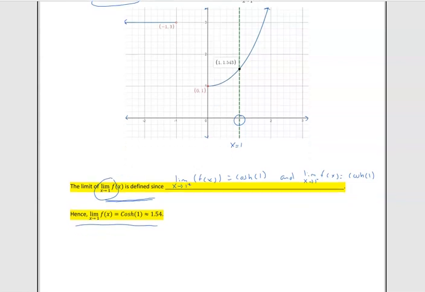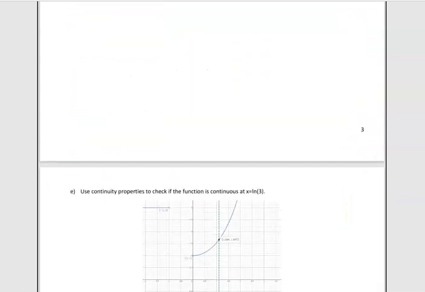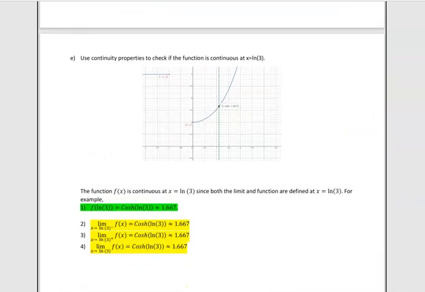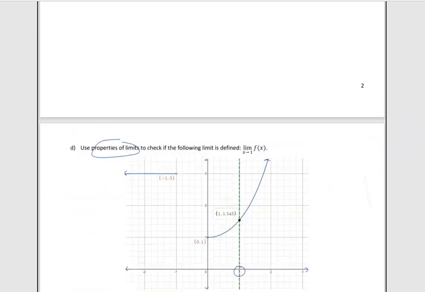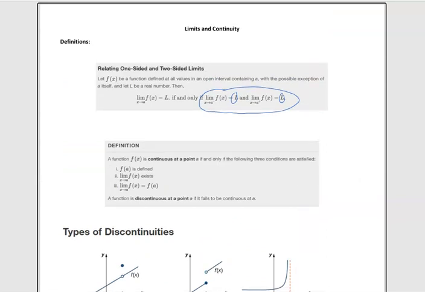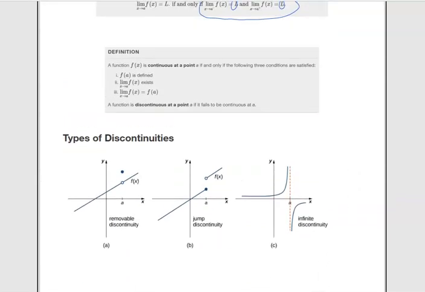Okay, last portion of this problem, they're talking about continuity. For continuity, let me display the property here. Your function has to be defined, and then you also have to check that the limits exist and that the limit and the function value happen to be the same.